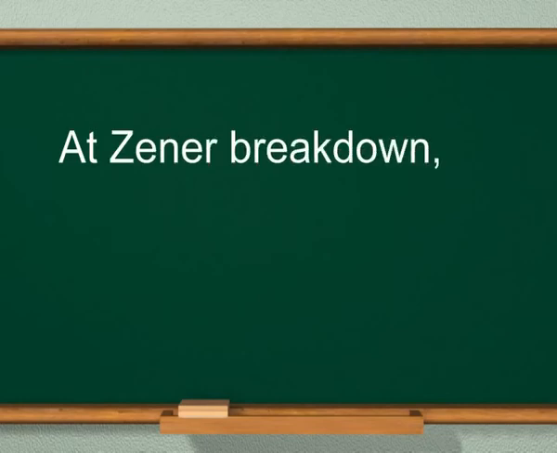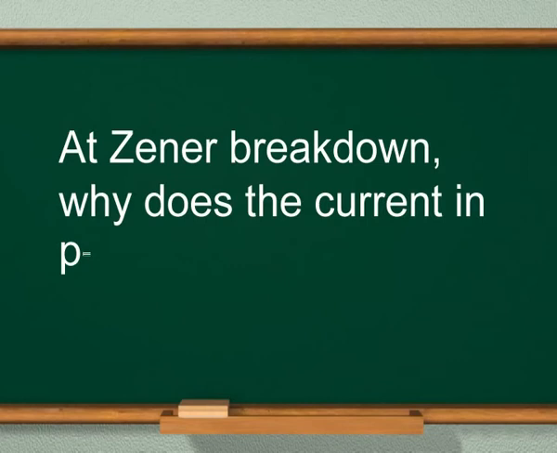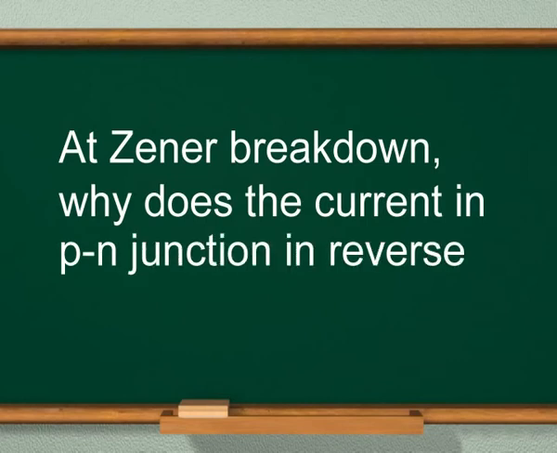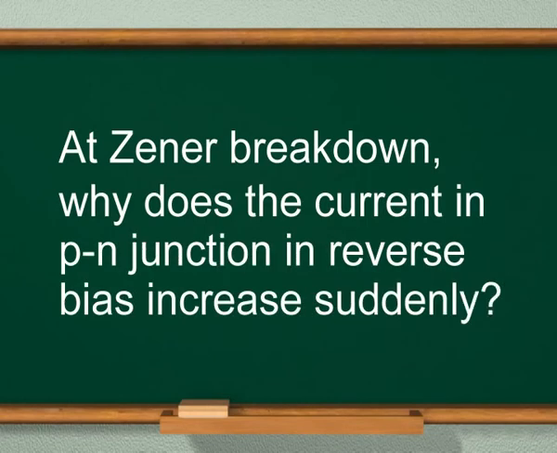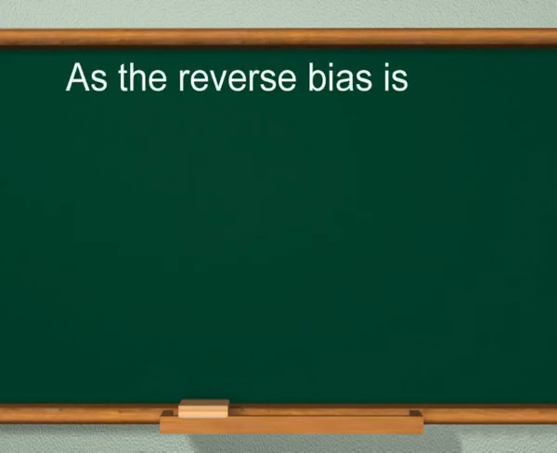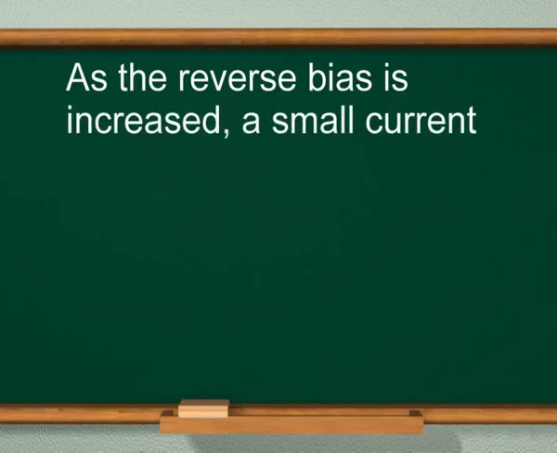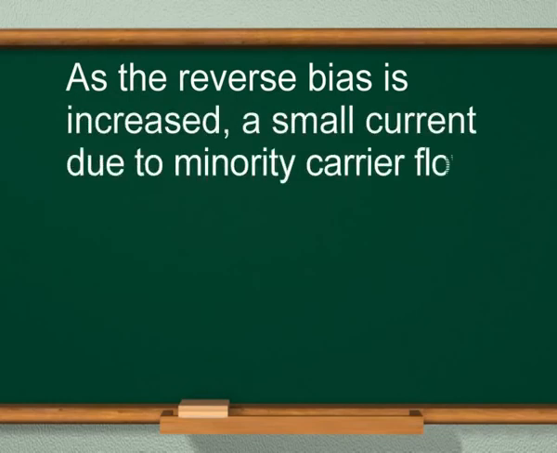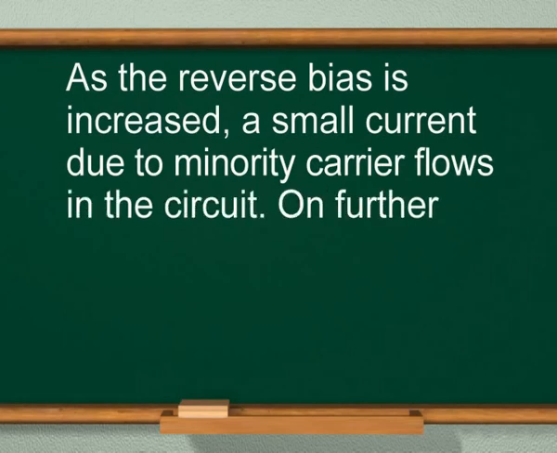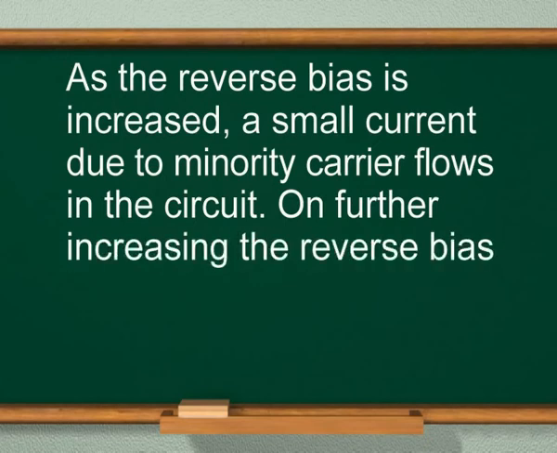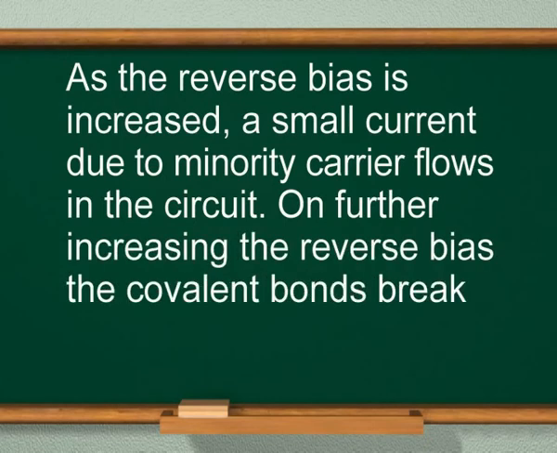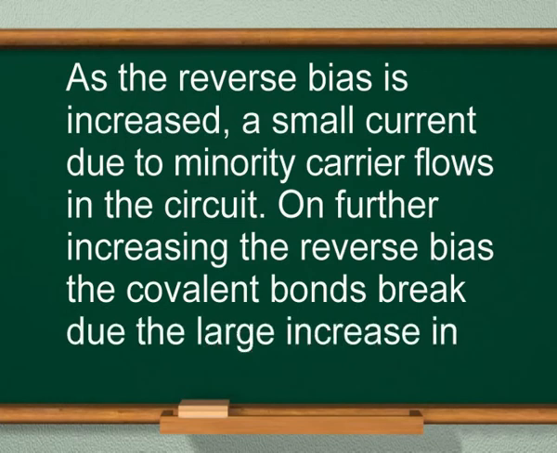Look at another question. At Zener breakdown, why does the current in a PN junction in reverse bias increase suddenly? The answer: as the reverse bias is increased, a small current due to minority carriers flows in the circuit. On further increasing the reverse bias, the covalent bonds break due to the large increase in the electric field.